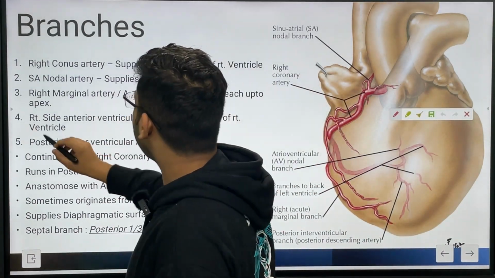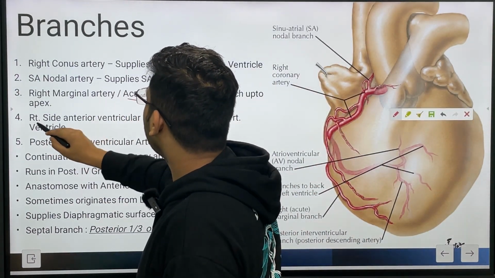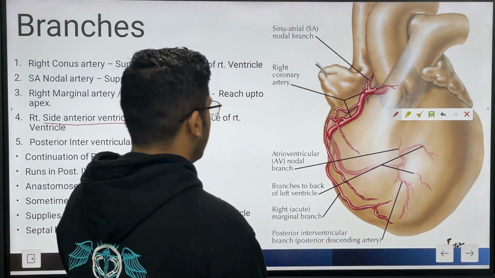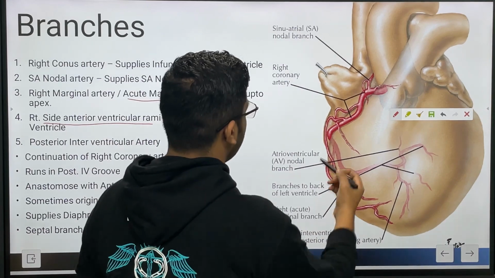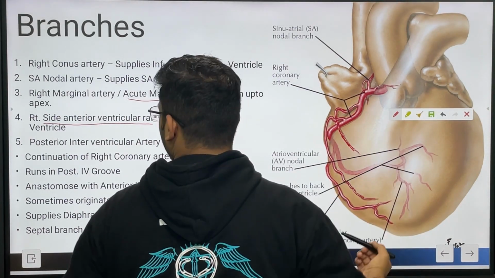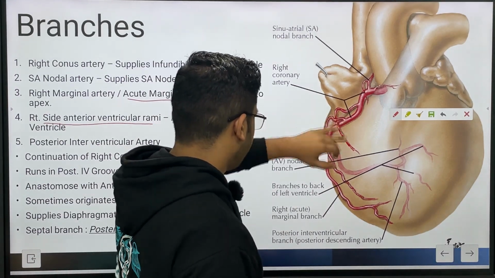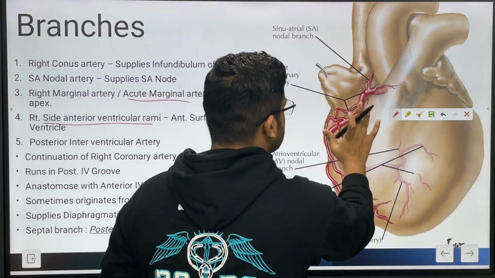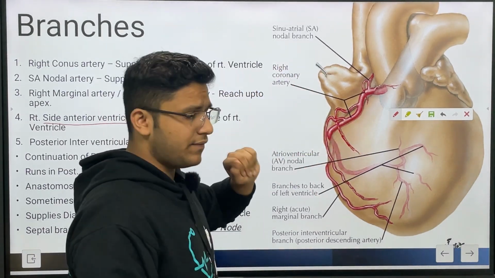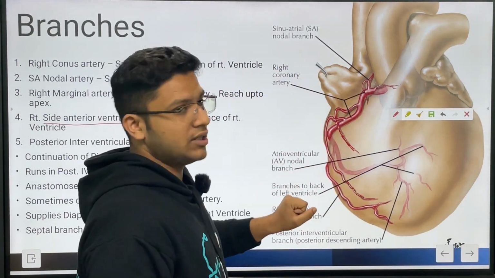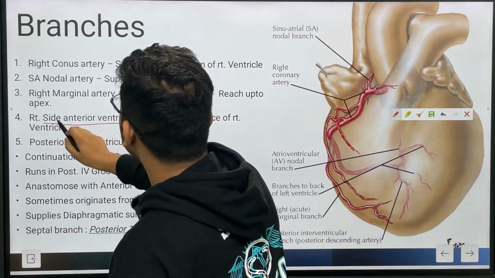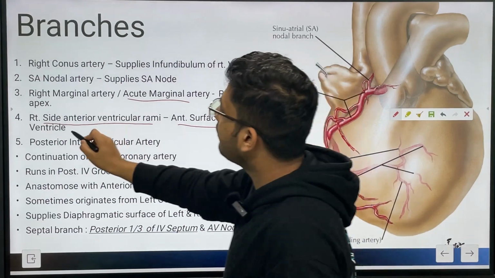Next is the right side anterior ventricular rami. This is the right side anterior ventricular rami, supplying the anterior surface or sternocostal surface of your right ventricle.